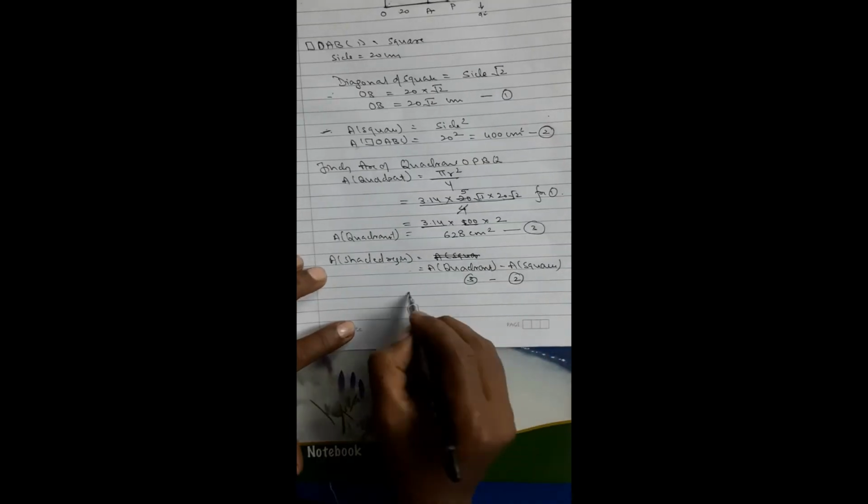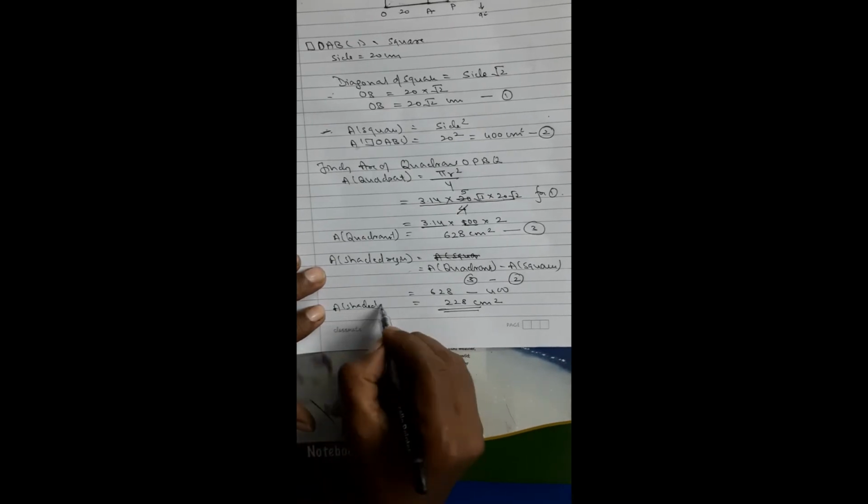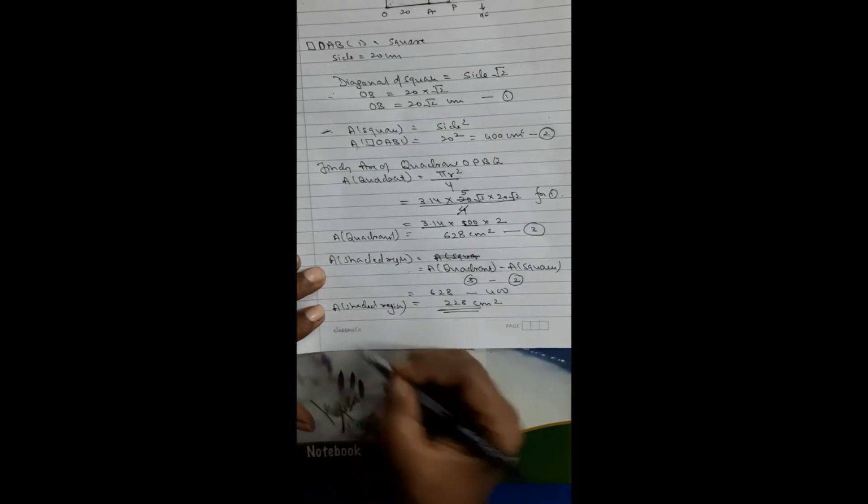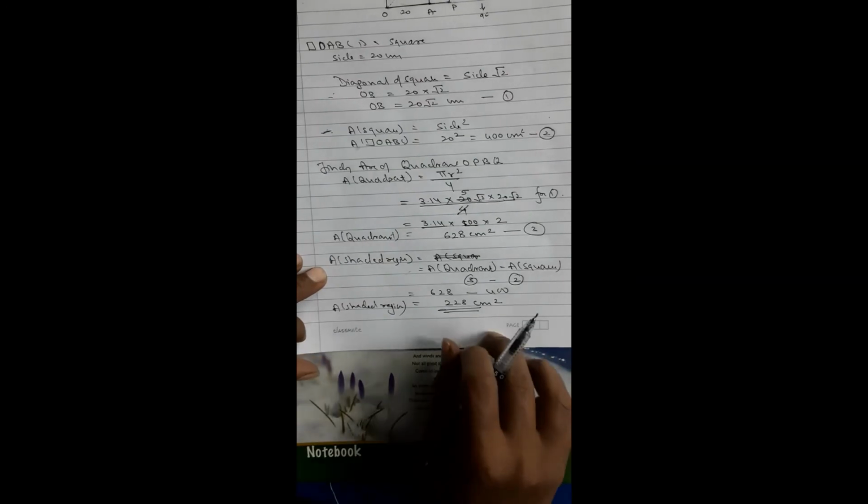That means 3 minus 2, which is 628 minus 400. That will be 228 centimeter square. Fine? Yes. It is right according to the textbook. Area of shaded region is equal to 228 centimeter square.